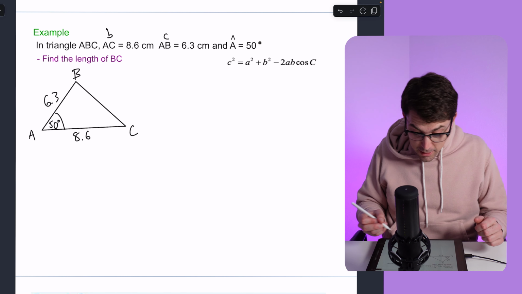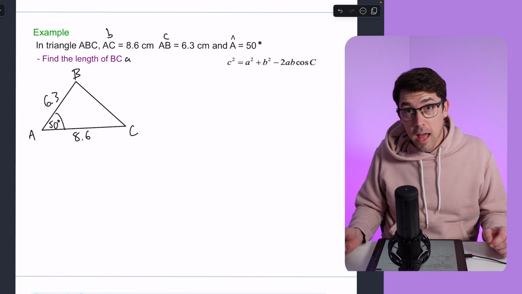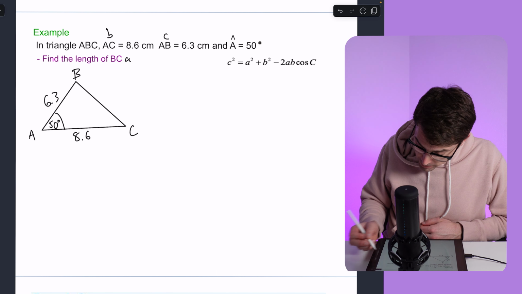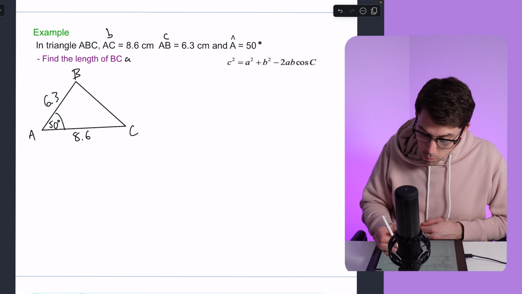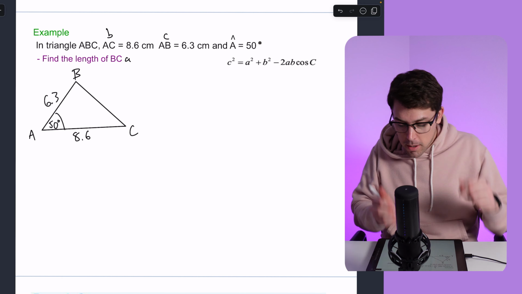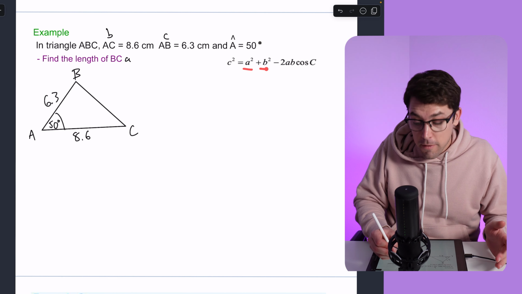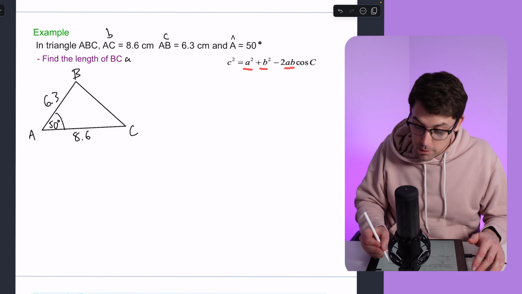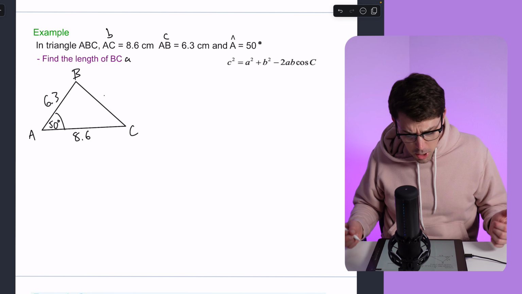Now, what is going to be the length of BC, which when you look at this is also the same thing as side a. Right here, you might see this formula a lot. It doesn't necessarily mean that we have to solve for c. What it means is that we're looking for this value, which in our case is a. Remember that this and this are the other values, and then you're taking the cosine of the angle. So perhaps that makes a little bit more sense.